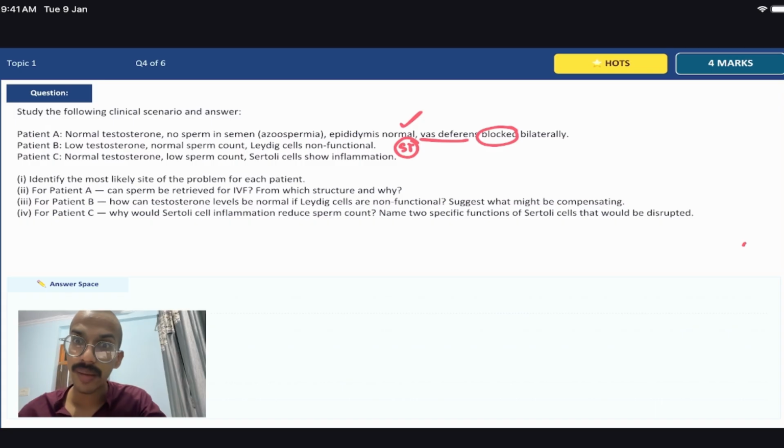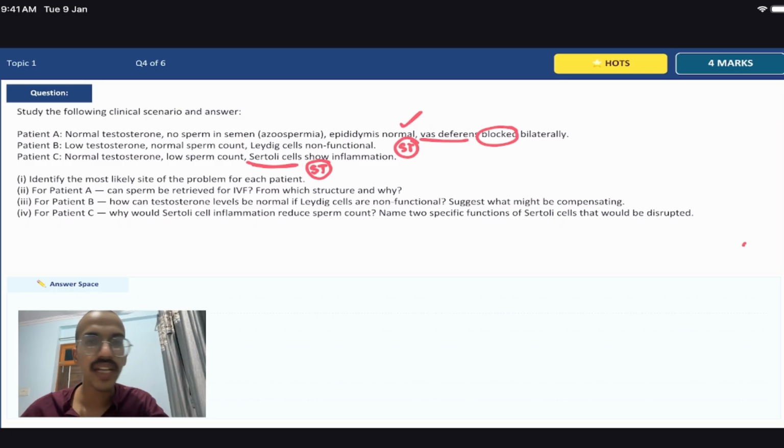So we have identified the site where the problem is. Sertoli cells are present in the seminiferous tubules. Now the second question says: for patient A, can sperm be retrieved for IVF, from which structure, and why?